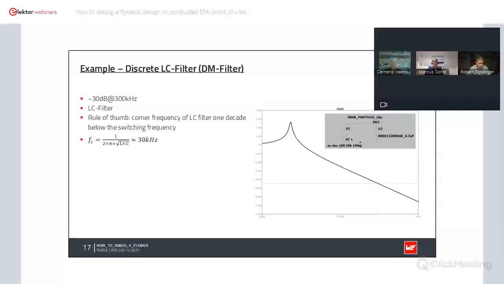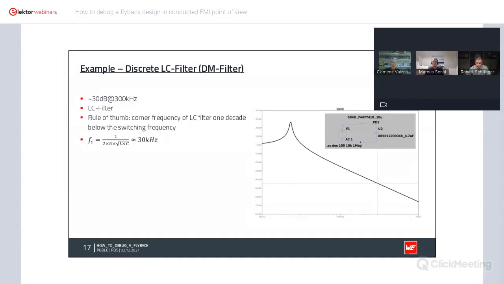Then I can put in, for example, a C value if I have one on my desk, and calculate the L with this formula. Or if I have an L, I can do the same vice versa and calculate the C value. That's in your hand how you do it. I start with these values, 10 microhenry inductor and 4.7 microfarad for the capacitor, and I put all in the LTspice simulation.